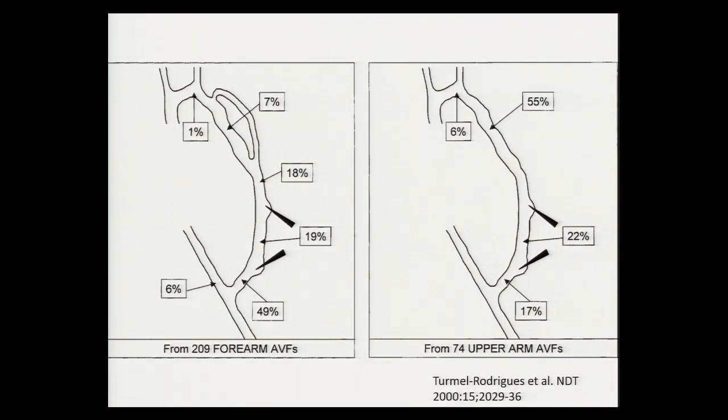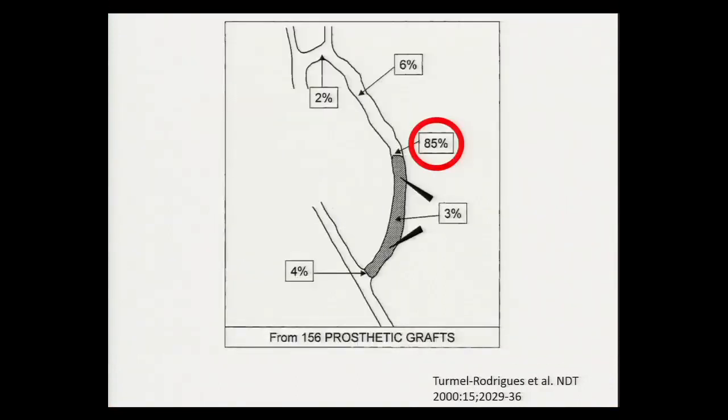So there's a lot of stenosis in the cephalic arch and in the swing segment of the basilic vein, but there can be stenosis anywhere else as well. With grafts, the majority of stenosis is at the venous anastomosis. That's where the graft meets the vein, where prosthetic material meets the vein. But there can be inflow stenosis and outflow central vein stenosis as well.